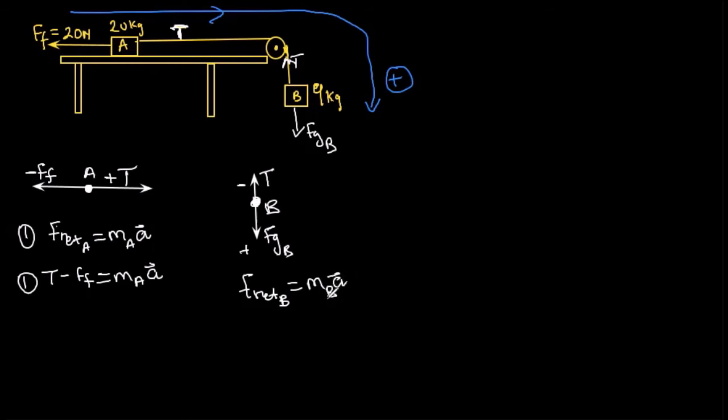The acceleration should be the same for both, and this is going to be your obviously positive force of gravity for B minus, put the negative tension with the sign there, mass of B times the acceleration. Right, so this will be your equation number 2.